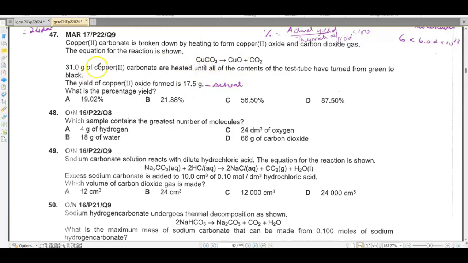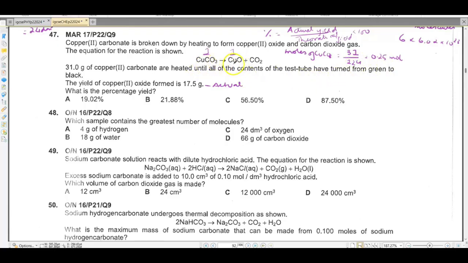For that, we've been given the mass of copper carbonate. First we need to convert it into moles. Mass is 31 grams and Mr for CuCO3 is 124. So this gives us 0.25 moles of CuCO3. Since CuCO3 and CuO are in the same ratio, the moles of copper oxide would be the same as that of copper carbonate.